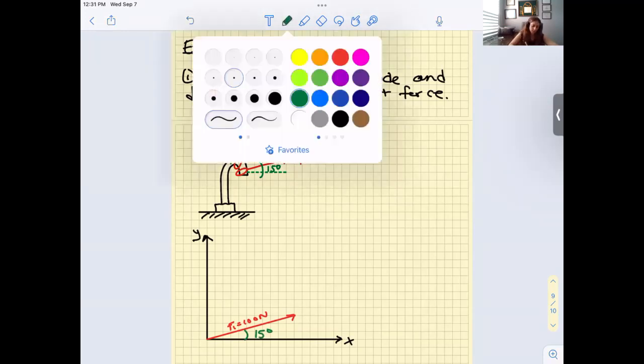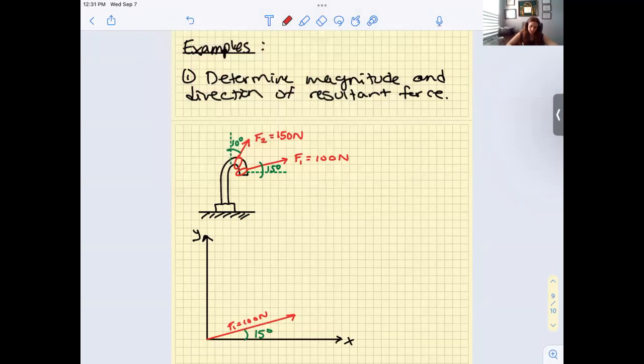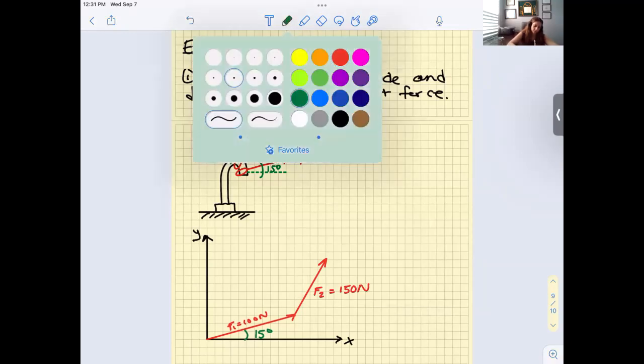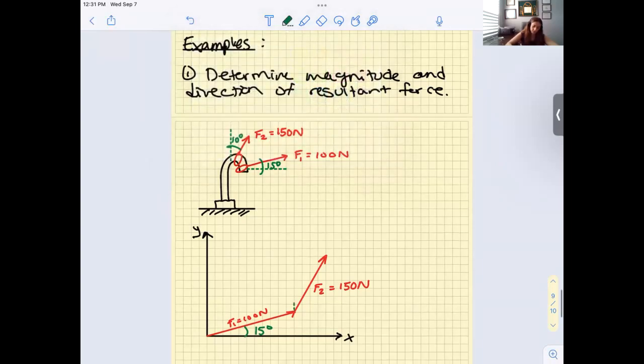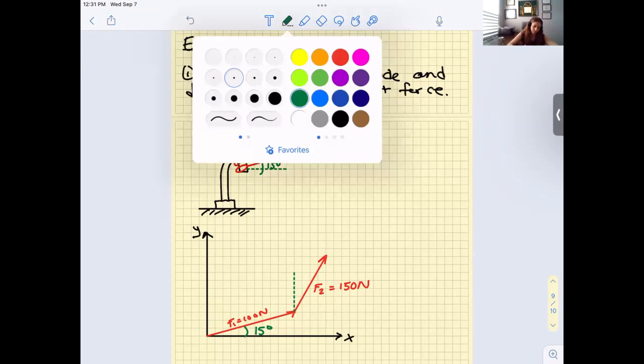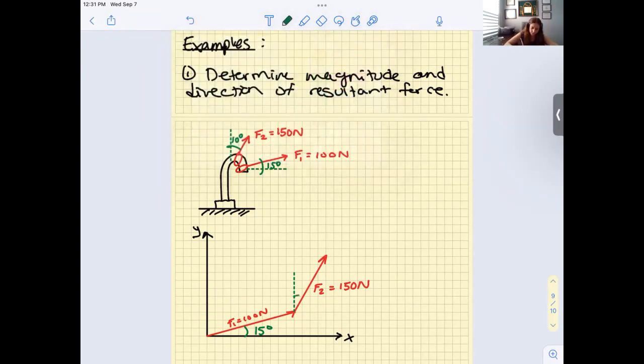You're going to connect it, F2. So remember, F2 is 150 newtons, and in reference to that vertical, it's 10 degrees.